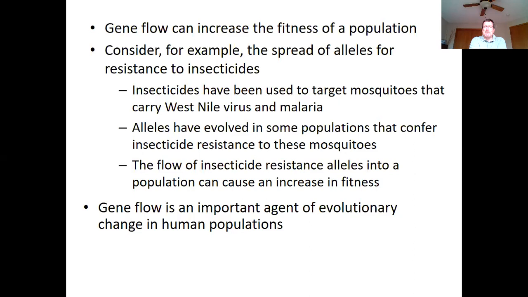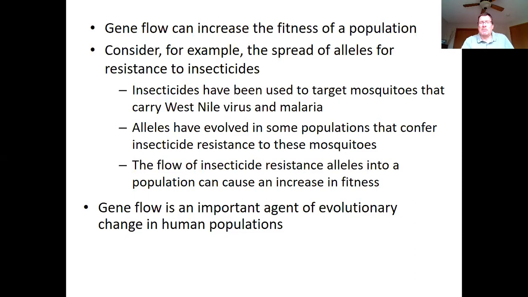Or shall I say it this way? The mosquitoes survive the insecticide, is what I meant to say, because of the resistance they built in. So it makes them more fit for that environment.